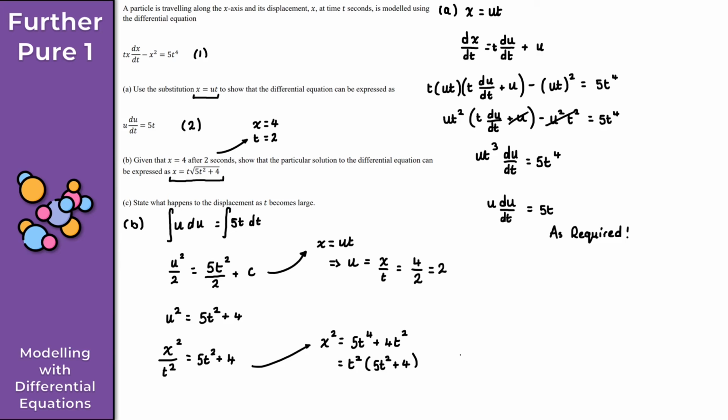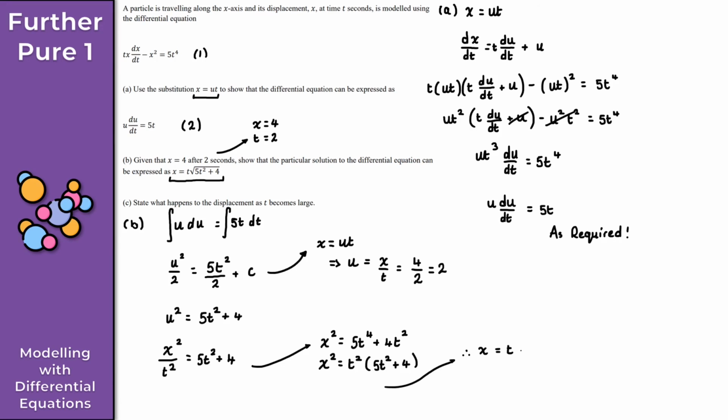And then at this point, this is x squared. If I just want x, then all I need to do is take the square root of both sides. In that case, x is equal to, so the square root of t squared is just t.